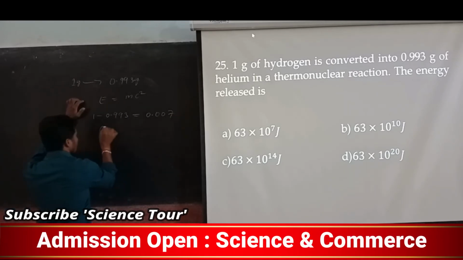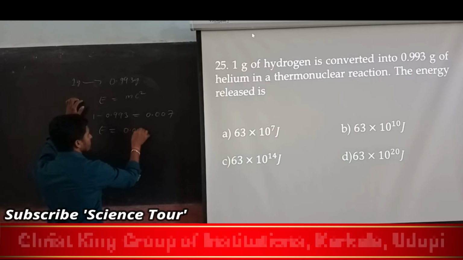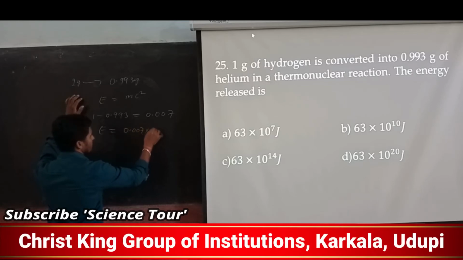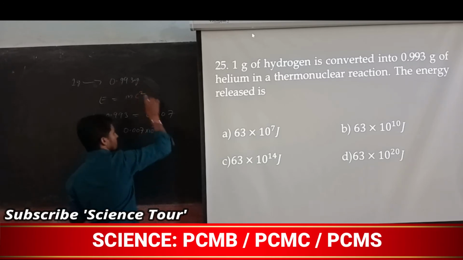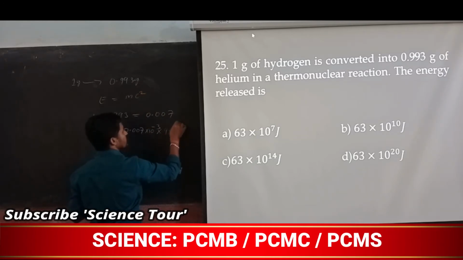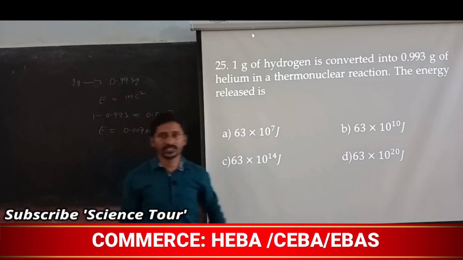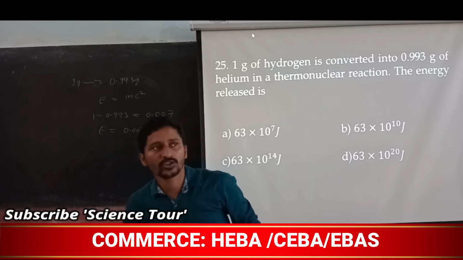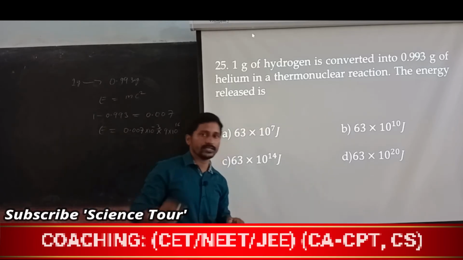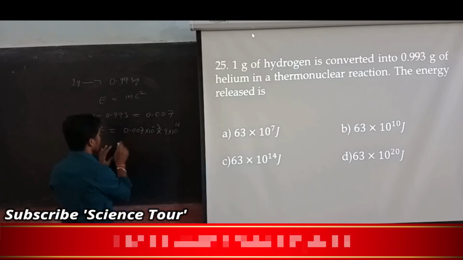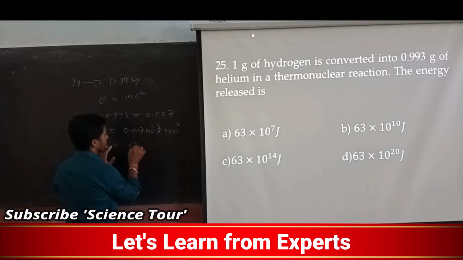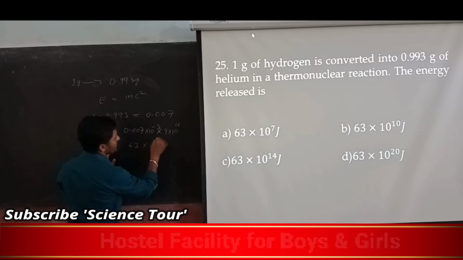Now E is equal to 0.007 gram, in terms of kg, into 10 to the power minus 3, and c square means 9 into 10 to the power 16. How is it 9 into 10 to the power 16? 3 into 3 into 10 to the power 8, whole square, is 9 into 10 to the power 16, right? So 9 into 7 is 63, into 10 to the power 16.